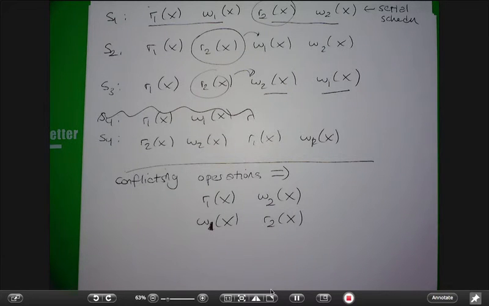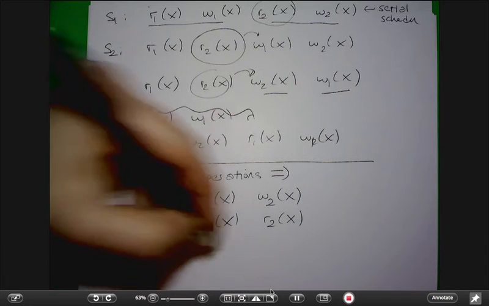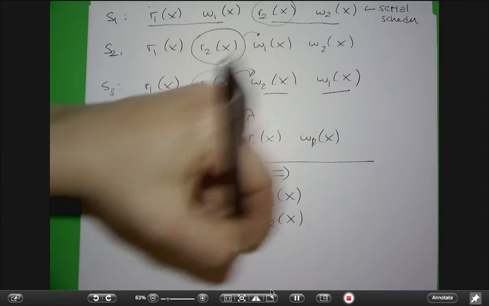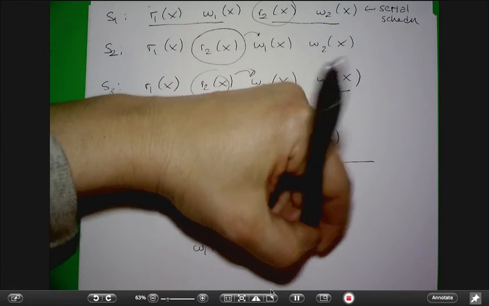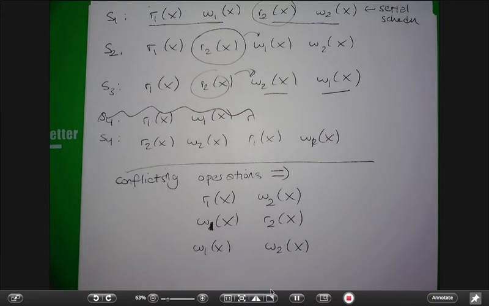So there are two types of conflicts. One is that you have a read and a write on the same item but by different transactions, or you can have a write on the same item by 2 different transactions. So these are all called conflicts. Okay?